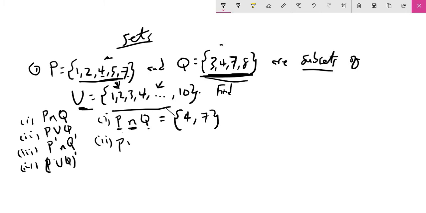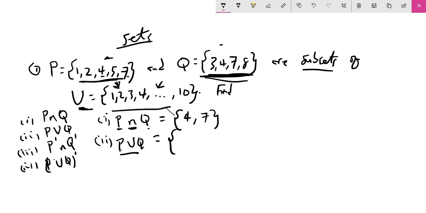Now P union Q means that we should combine the two sets and then write out the resulting set. Whenever any element occurs in both, we only record it once. Remember, with union, you combine the two sets, but any element that occurs in both, you only record it once.